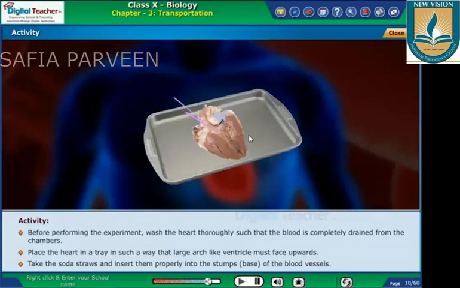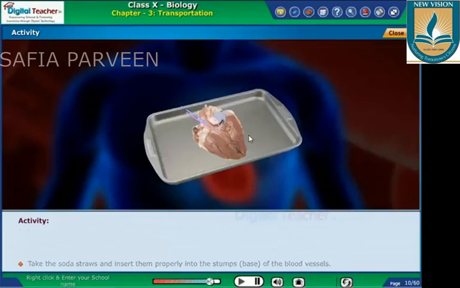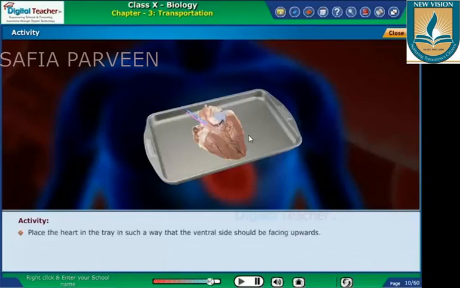Now you need to take the soda straw and insert it into the blood vessels that are cut. You can see the cut ends of the blood vessels. Into each blood vessel, one soda straw should be inserted so that the blood vessels are clear.